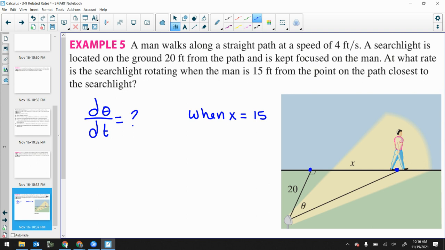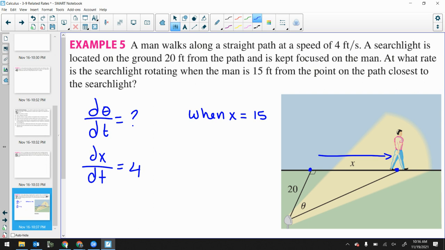But we're also told that the man is walking along a straight path at a speed of 4 feet per second. What notation do you think I'm going to use for that? Because he's walking on this path, right? dx/dt. So dx/dt is going to be 4.